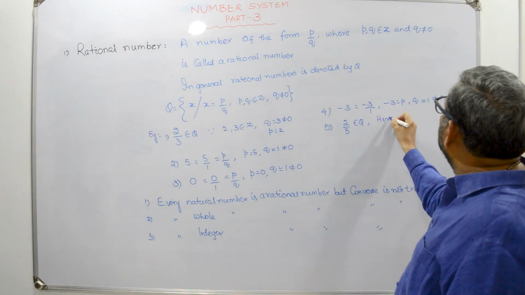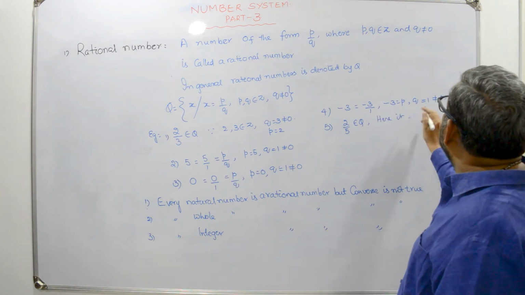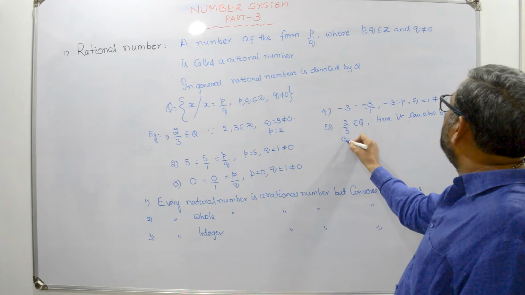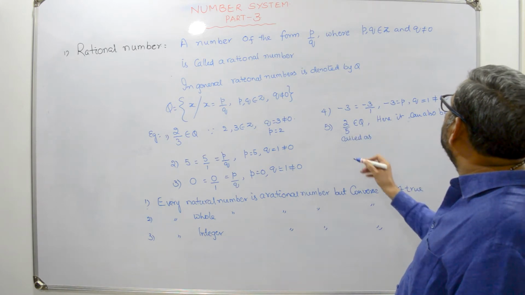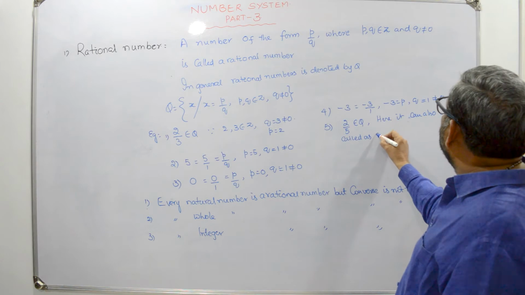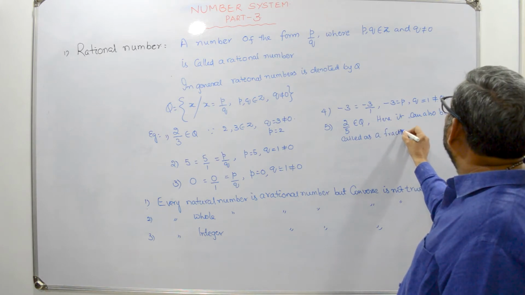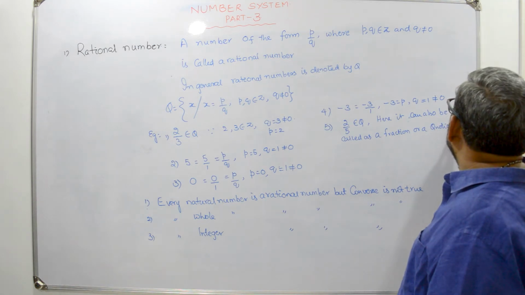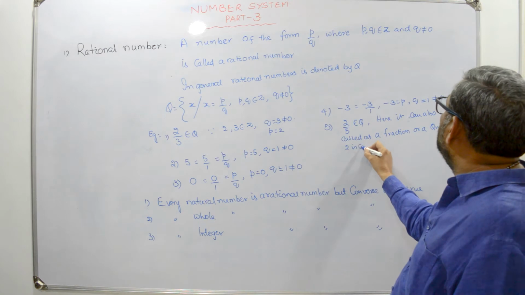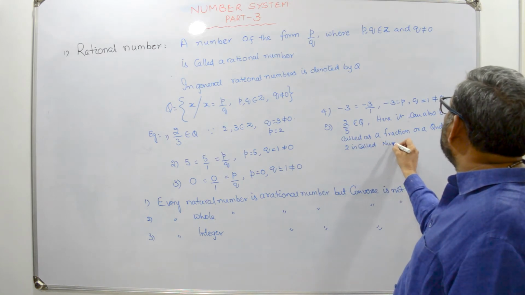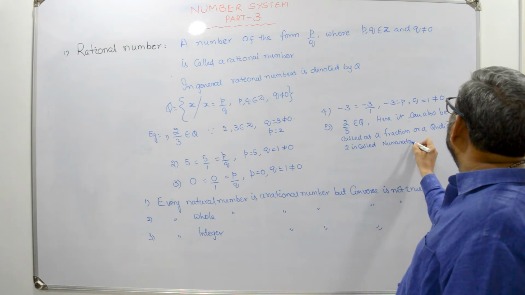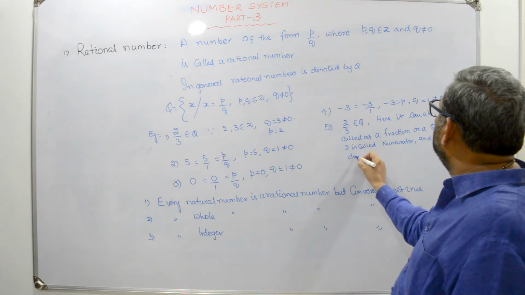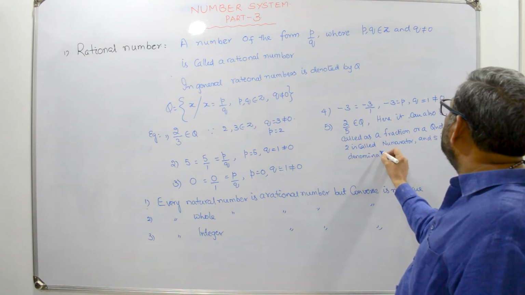Here it can also be called a fraction or a quotient. 2 is called numerator and 5 is denominator.